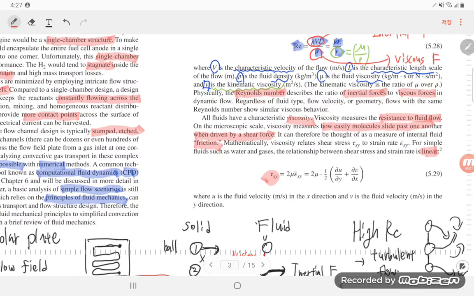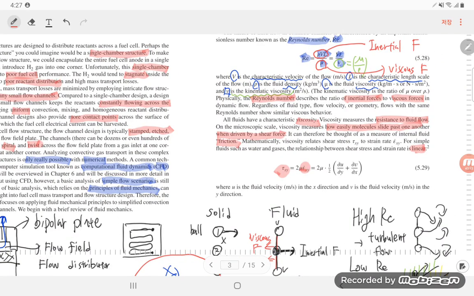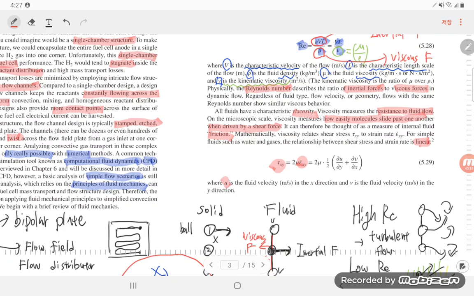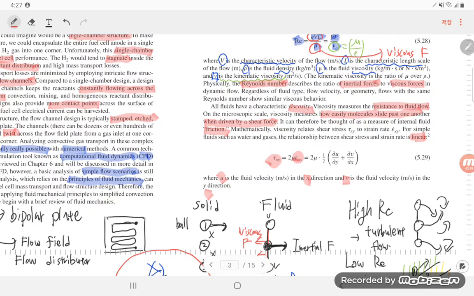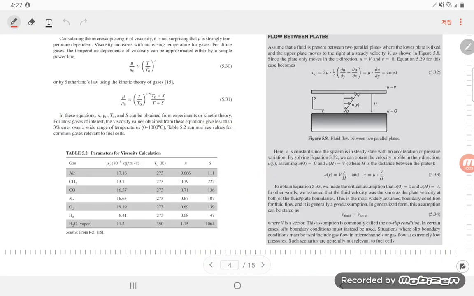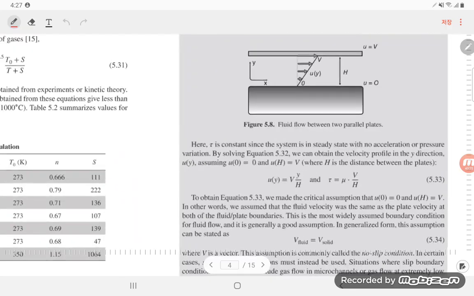This shear stress is linear, proportional to mu and the shear strain rate. And here, u is the fluid velocity in the x direction, and v is the velocity in the y direction. Okay, let's see this one.